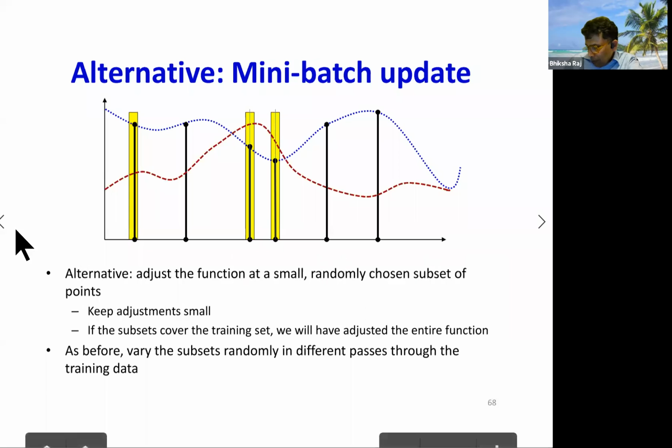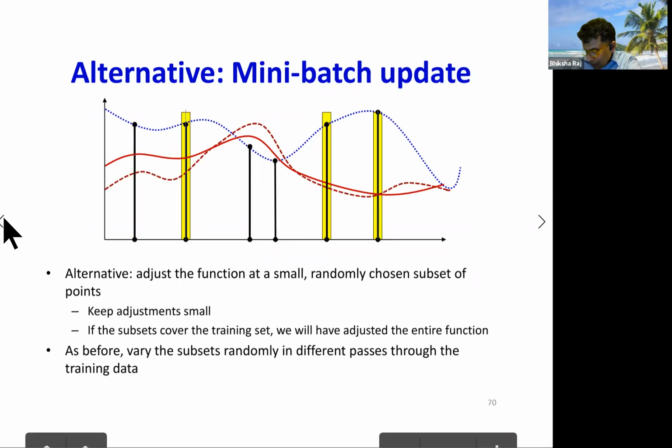So we might randomly choose these 3 points, for instance, and update the model at these 3 locations, which will push the function up in the first place and down in these 2 locations. Then you choose a second mini batch around a different set of points and adjust the function at those points, giving us yet another update, and so on.